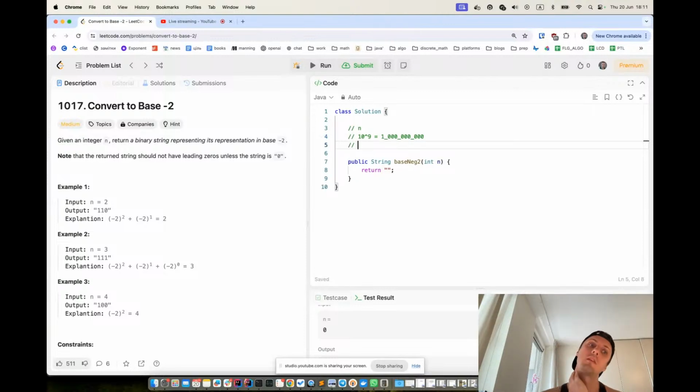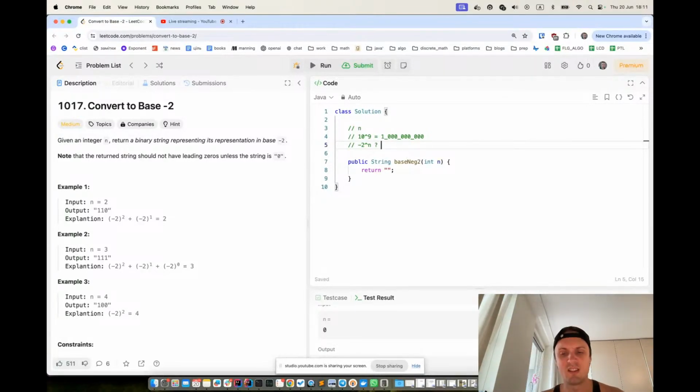So we have our -2, and 2 to which power would be equal to 10 to the 9th.